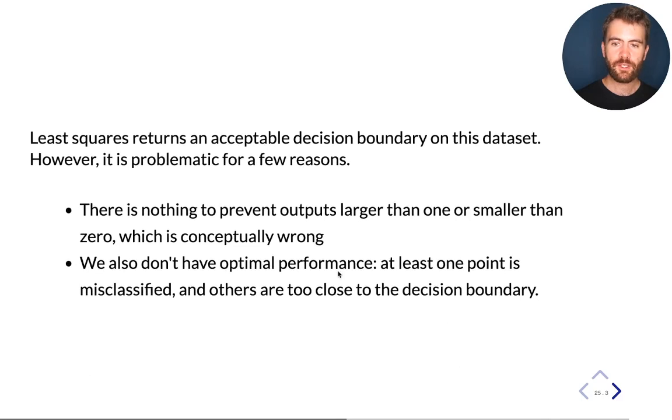And in practice, the fact that we're trying to use this regression algorithm, which assumes a general type of y, and we're trying to apply this to a problem where y is either 0 or 1, this is conceptually wrong, and it also introduces errors in the boundary that we find, and it just doesn't return us the best possible solution. So in practice, this is not the best thing that we can do.